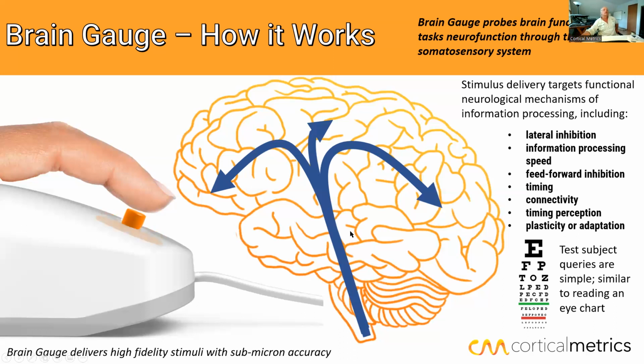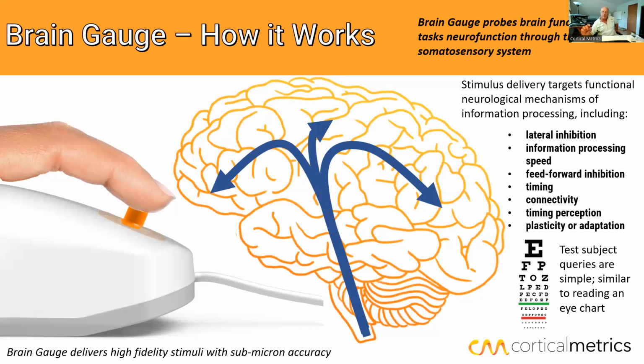Now, this test is delivered in the same manner that an eye exam is. That's why this eye chart is here. The test starts out easy, and it gets harder and harder. You can find a threshold on this eye chart fairly quickly by going down, and we can find out what those metrics are fairly quickly. Another reason this eye chart's on here is that while the eye chart finds how well your vision is working, these tests are doing the same thing.